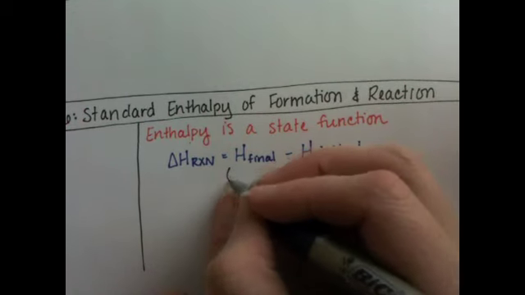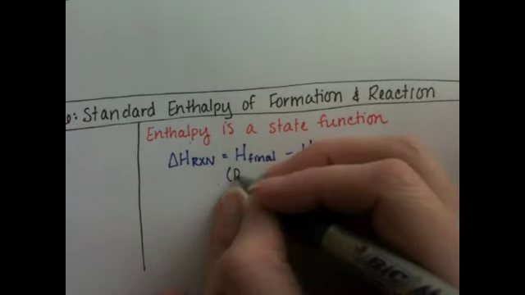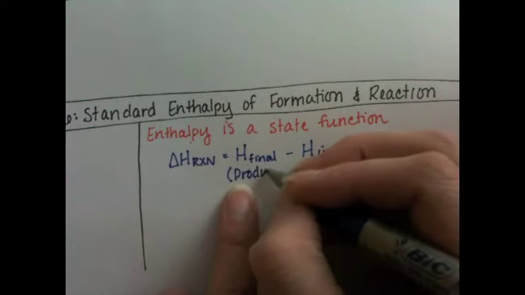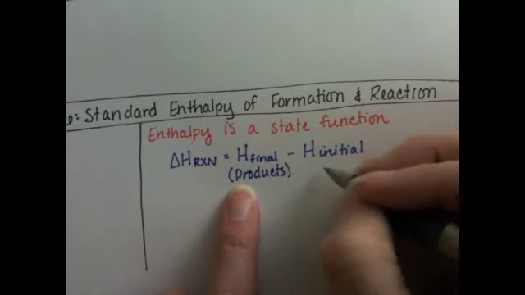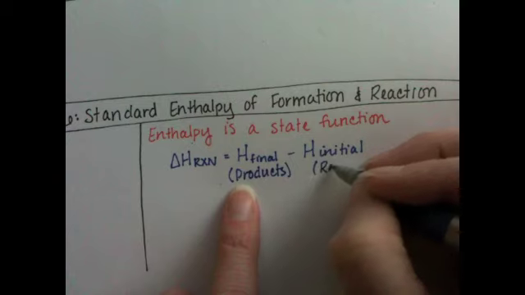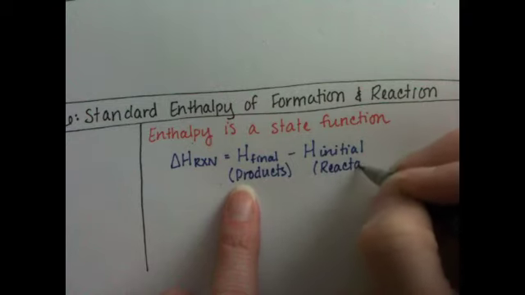The final conditions for a chemical reaction are always going to be the products. The initial conditions are always going to be the reactants.